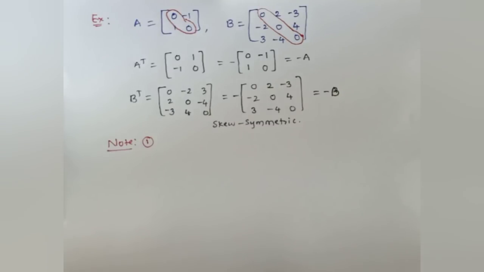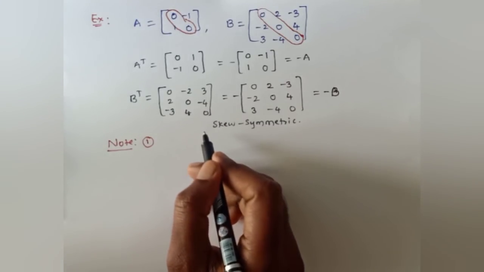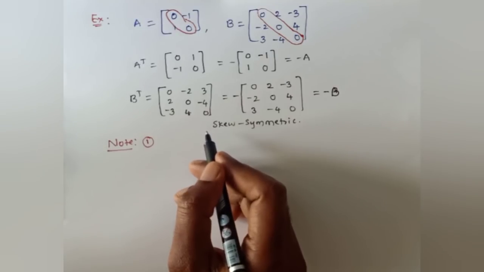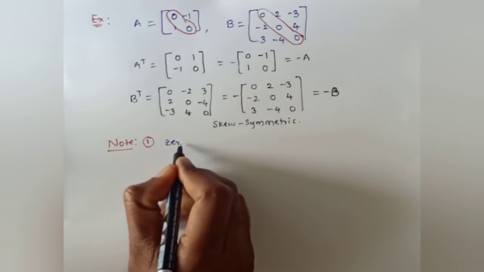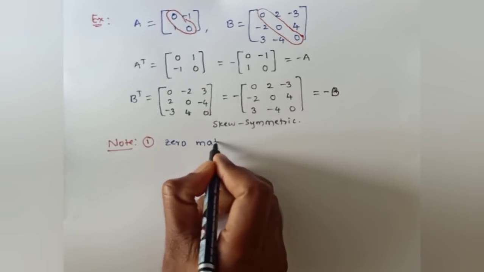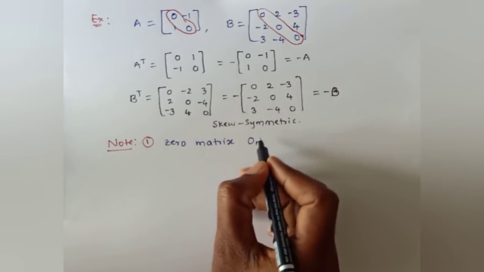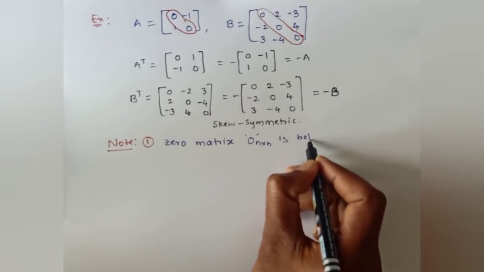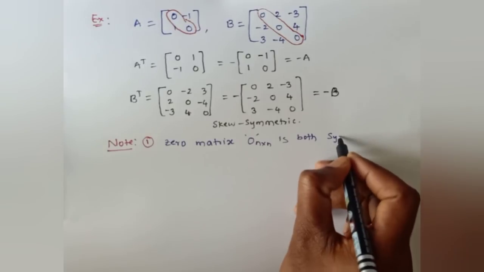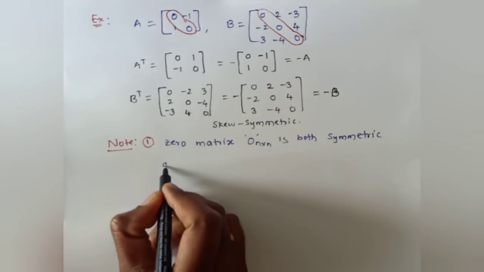So the zero matrix, whether it is a symmetric matrix or skew symmetric matrix. Your zero matrix is both a symmetric and skew symmetric matrix of order n. And so here we can note, the zero matrix of order n by n is both symmetric and skew symmetric.